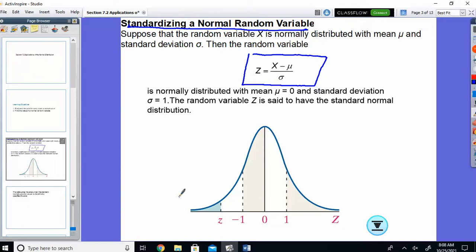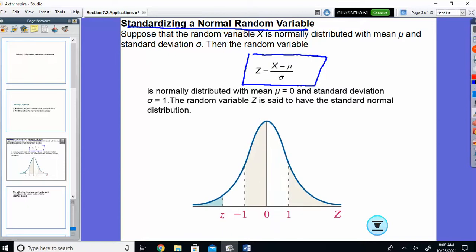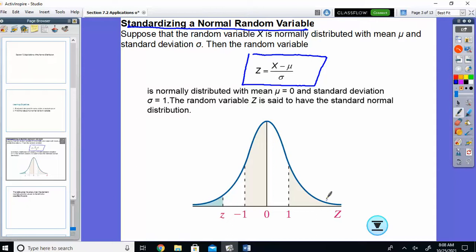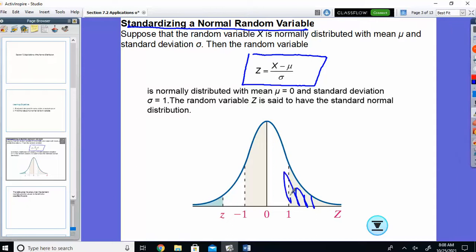So what this table does is it gives you the area basically below that z value. So if I said my z was 2, you would come up here to 2, and your table would give you all of this area. So if you were all the way out here, what would you expect your area to be? 100%, 1. Because we know that under the entire curve, we have an area of 1.